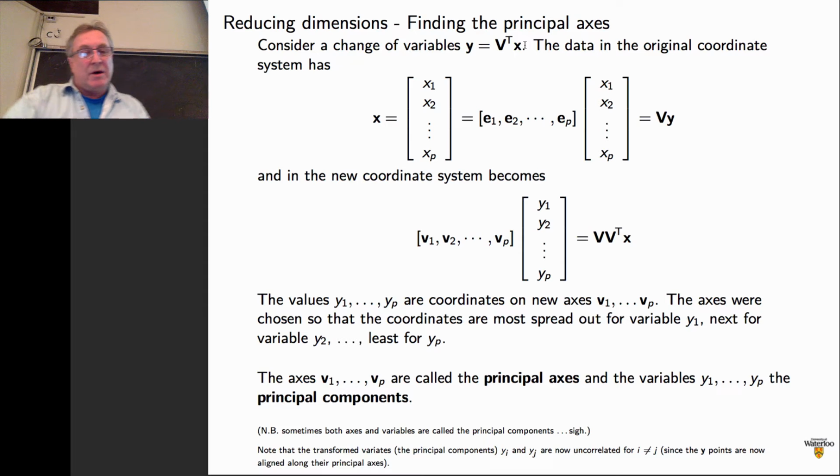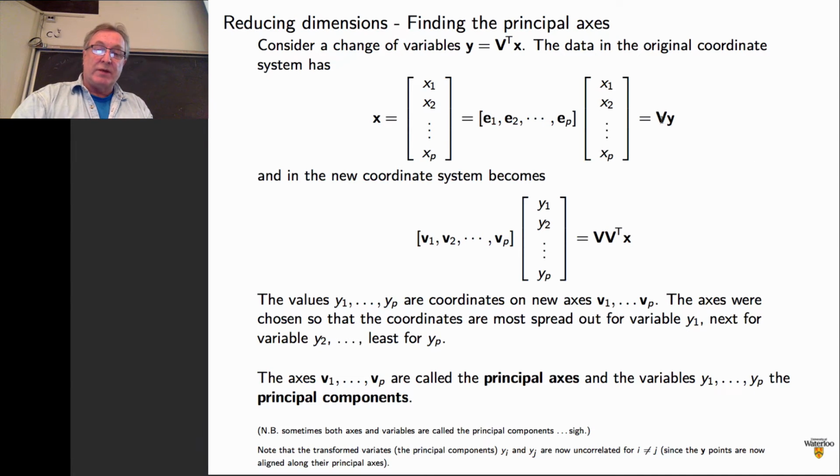So what you want to think about is when I actually write down a vector x in this p-dimensional space, it's telling me the coordinate that goes along with every one of these orthonormal basis vectors. The E_i are defining our original axes.